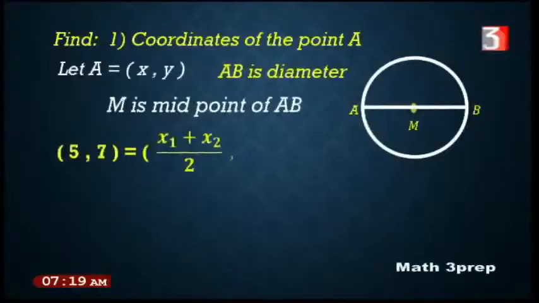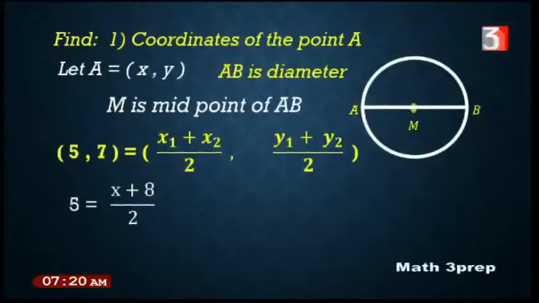Then (5, 7) equals (x1 plus x2 over 2, y1 plus y2 over 2). Then 5 equals x plus 8 over 2. By cross multiplication, x plus 8 equals 10. By subtracting 8 from both sides, x equals 2.